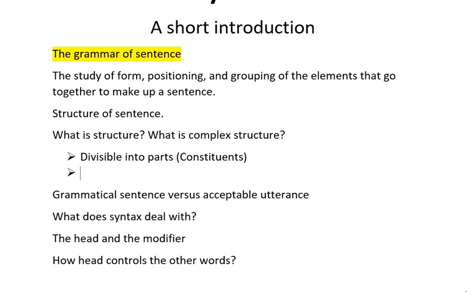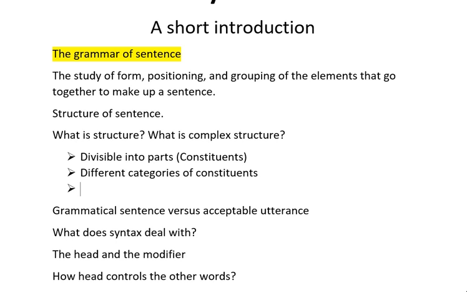Clear? And there are different kinds of parts. These constituents are of different categories, and these constituents are arranged in a certain way.